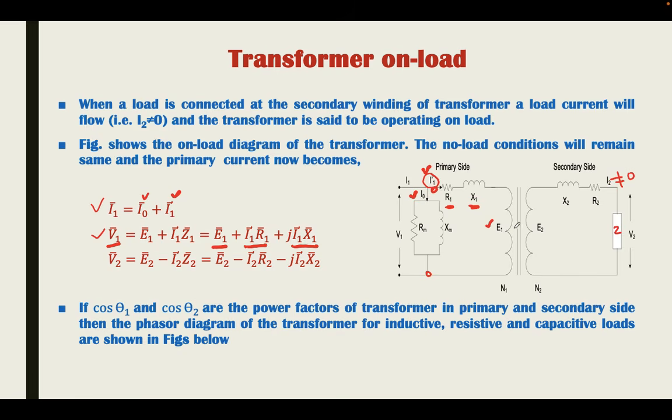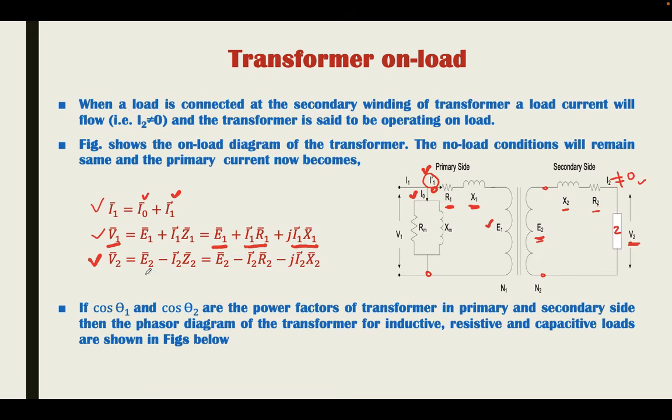Similarly, due to mutual induction, EMF E2 is developed in the secondary winding, and after this E2, when some current is flowing in the secondary winding, there will be a voltage drop in X2 and a voltage drop in R2. By subtracting these two voltage drops from E2, we can get V2.